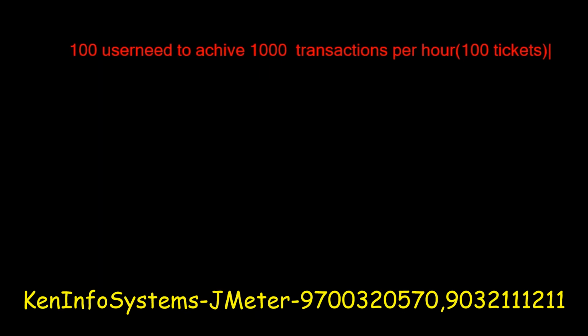When we are designing the scenario, this horizontal line indicates the time, and this vertical line indicates users. The graph looks like this.